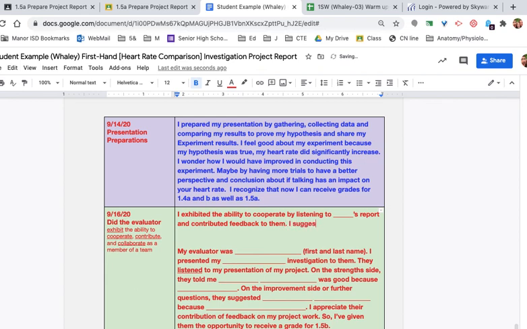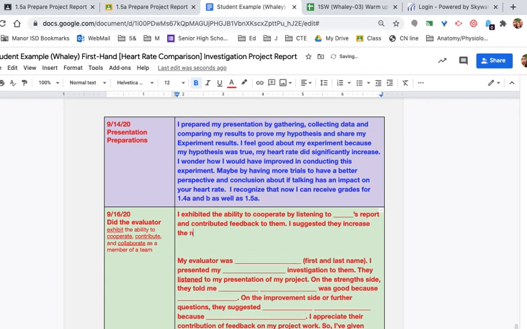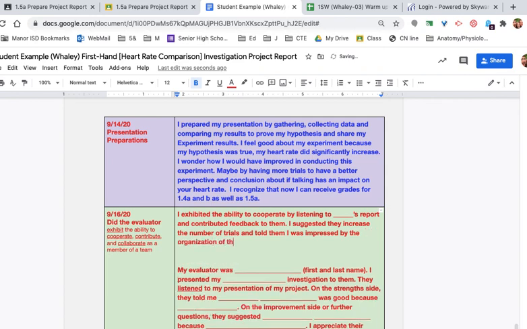I suggested they increase the number of trials and told them I was impressed by the organization of their data. Okay, and so that's going to get me, Mr. Whaley's going to give me a grade for doing that.